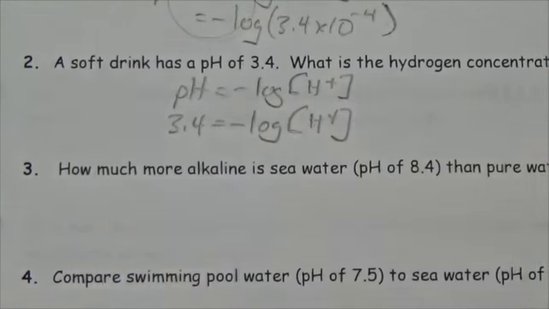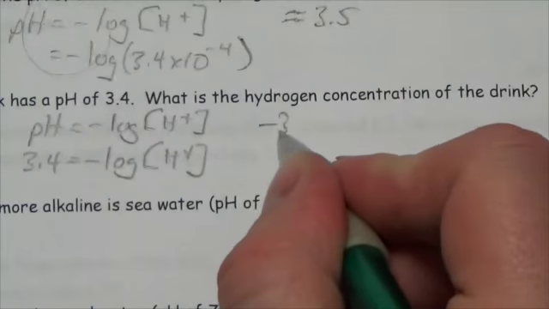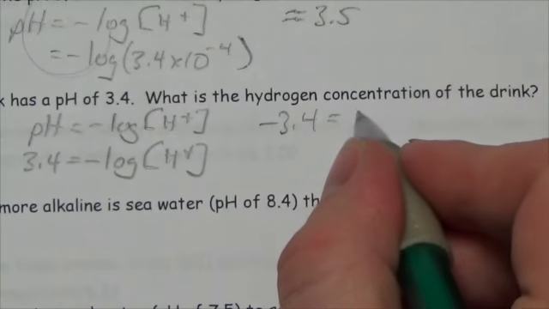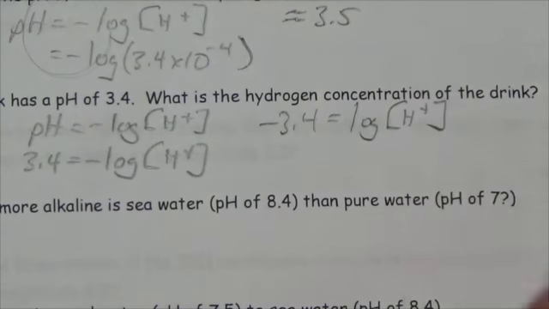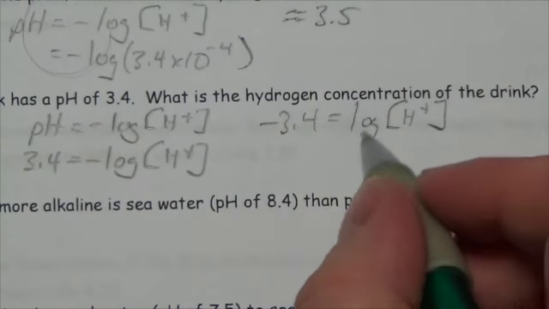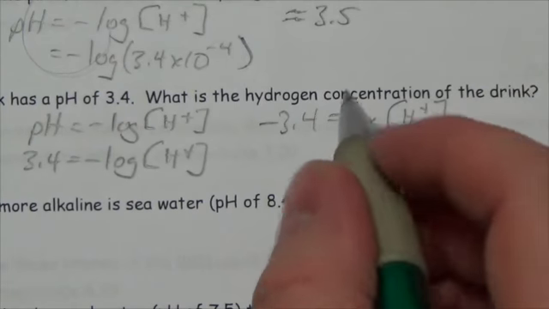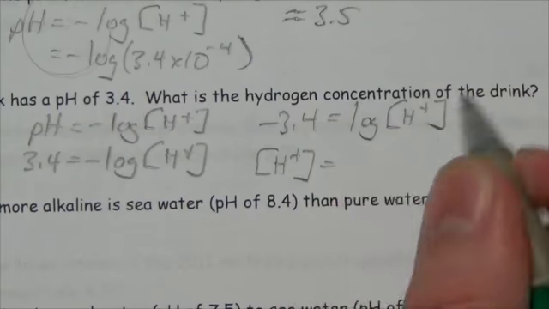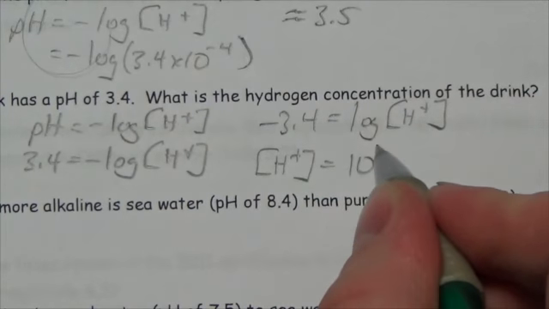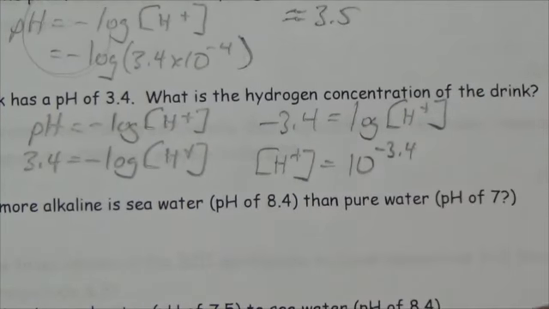Bring the negative over, and we get negative 3.4 is equal to log of the hydrogen ion concentration. Now we're going to convert forms here, and remember that this is a common log. So the concentration of the hydrogen ion will be 10 to the negative 3.4 moles per liter.